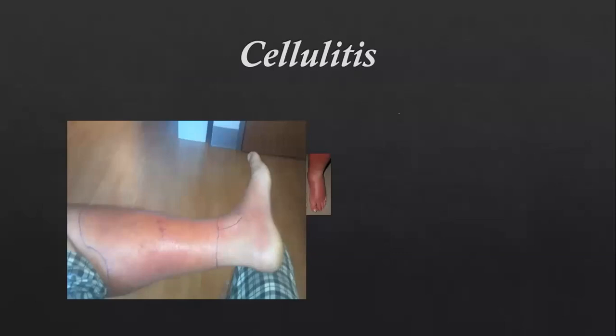You said to prevent further infection, but what else is it going to tell me? Jamie? I mean, it'll assess if it spreads any further. If it goes outside of the lines that are already drawn, it indicates the spread of infection, right? Okay, so let's just say Mr. Calhoun, this is how he looked when he came in.